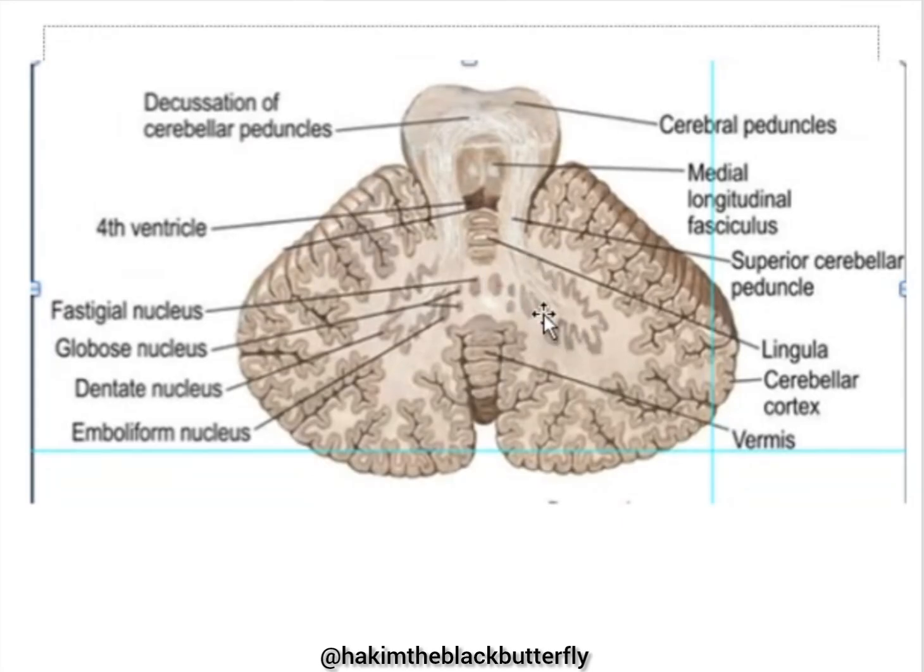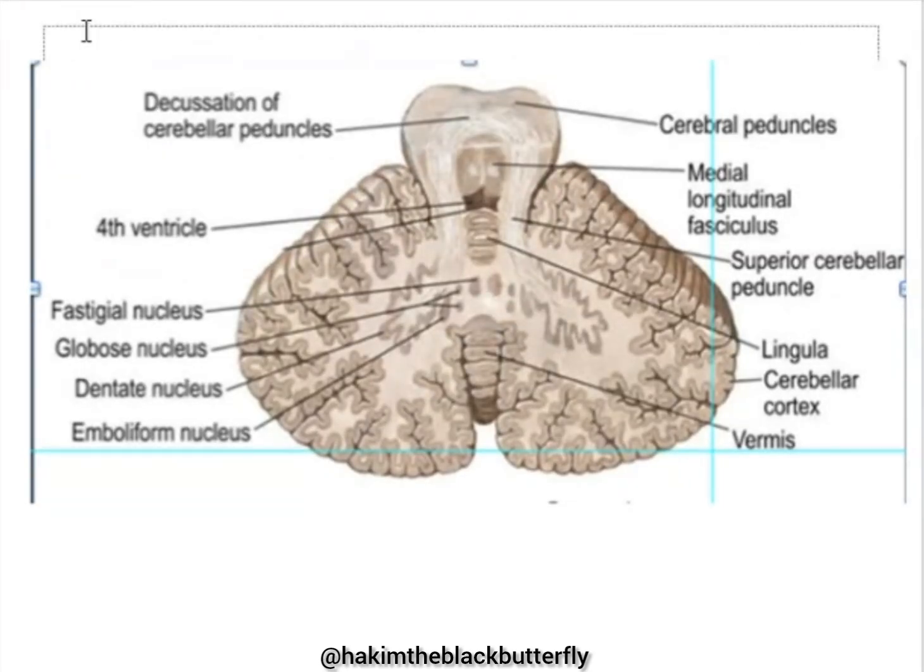The dentate, the emboliform, the globose, and the fastigial nucleus. These are the regions of gray matter within the cerebellar medulla, and they are known as cerebellar nuclei.